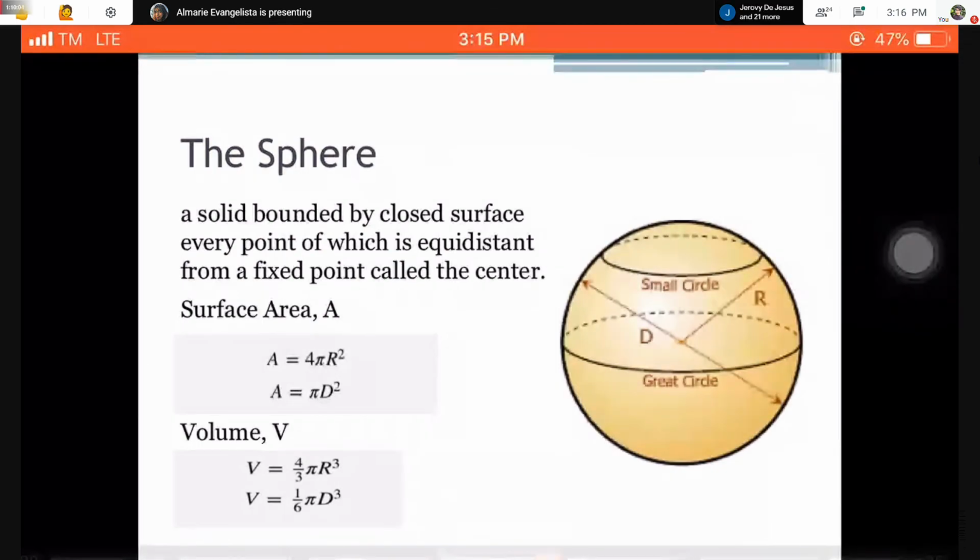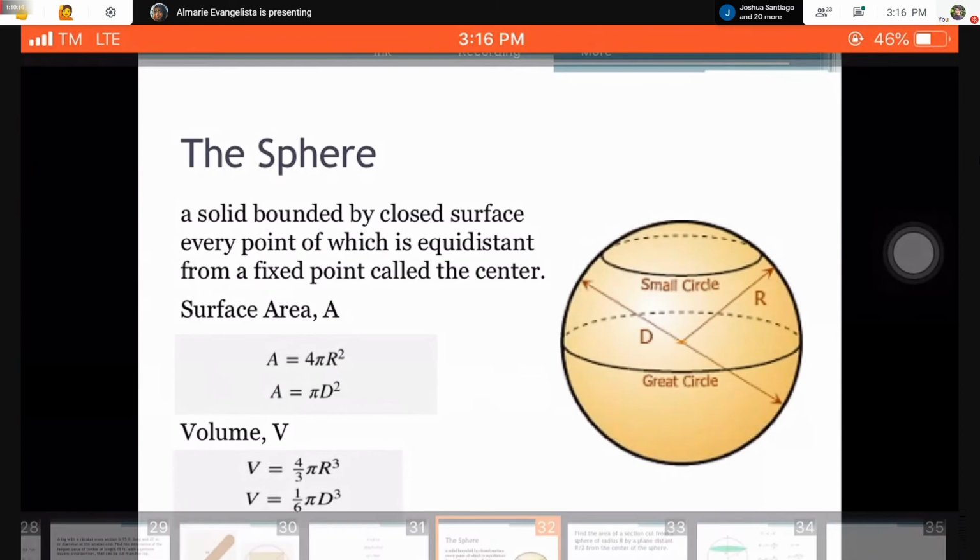Surface area ng sphere ay 4 pi r squared. And kapag meron namang given na diameter, ang formula niya is pi d squared. So, ang volume niya naman is 4/3 pi r cube. Tapos, ang volume naman pag diameter is 1/6 pi d cube.